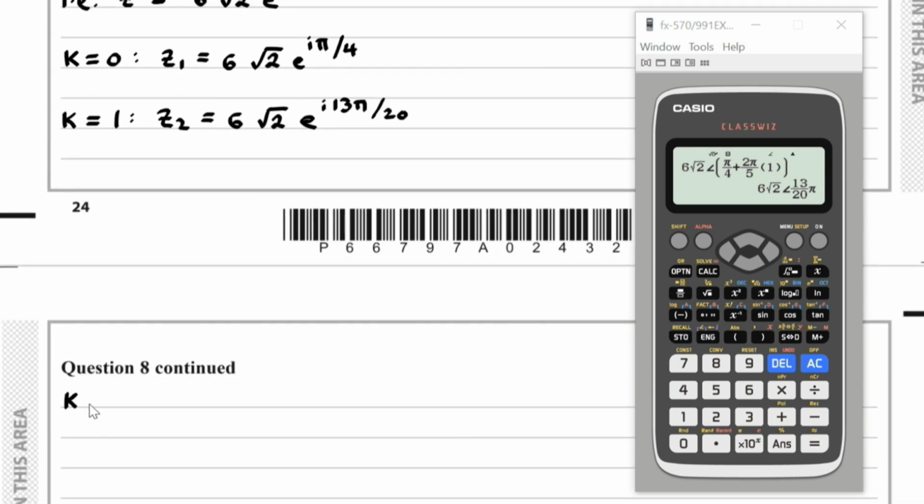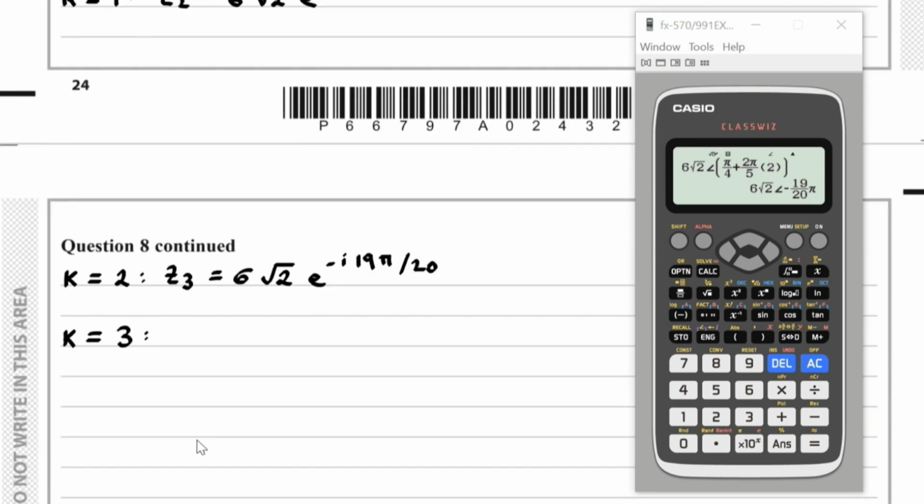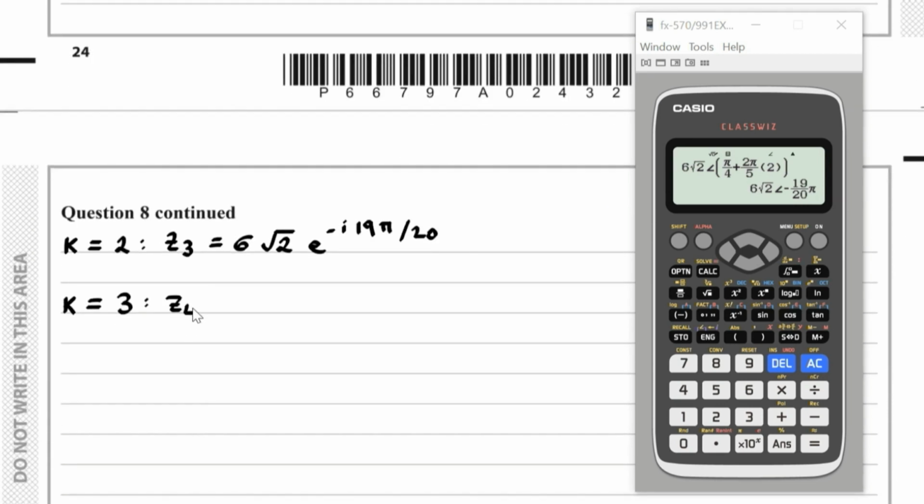k equals 2. We've got z3 equaling minus 19 pi over 20. So we've got 6 root 2 e to the power of minus i 19 pi over 20. k equals 3. We've got z4 equaling 6 root 2 e.